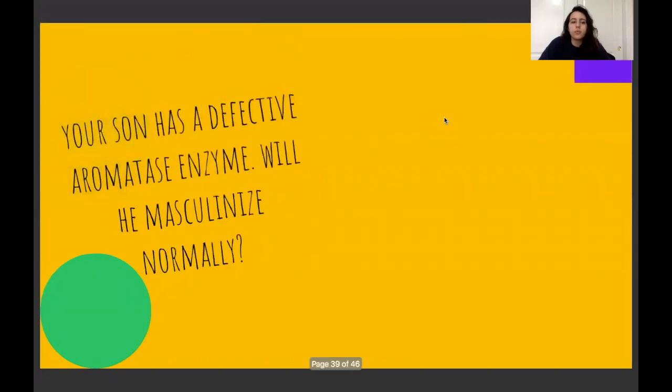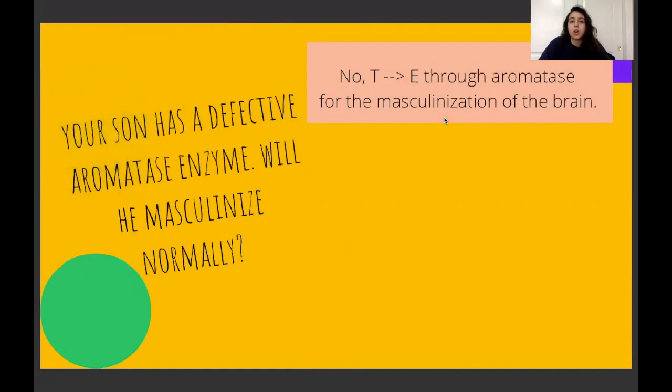Cool. Your son has a defective aromatase enzyme. Will he masculinize normally? So at this point, you should be asking yourself, what exactly is an aromatase enzyme and how does that affect masculinization, if it does? Okay, so no, he will not masculinize normally, because aromatase is an enzyme that causes testosterone to be converted into estrogen, right?